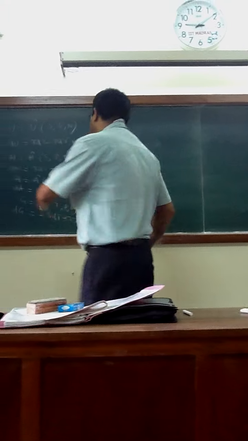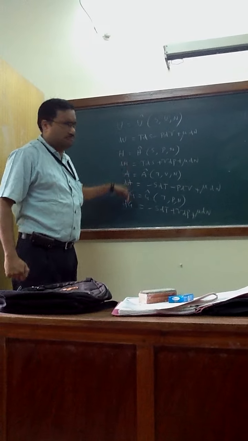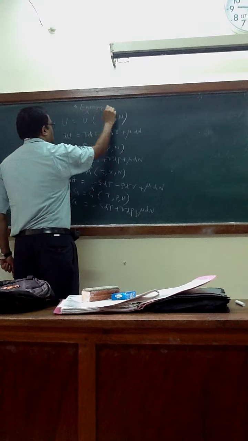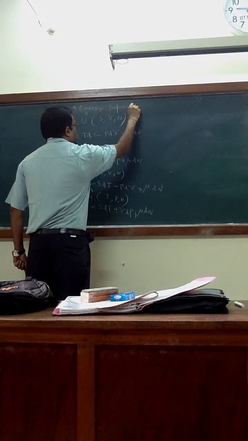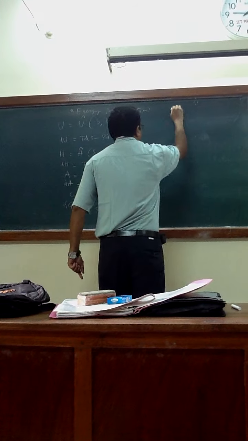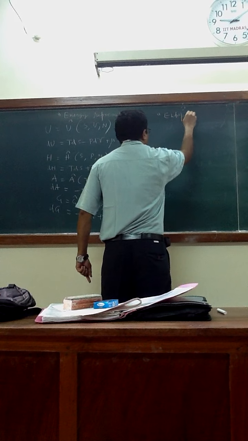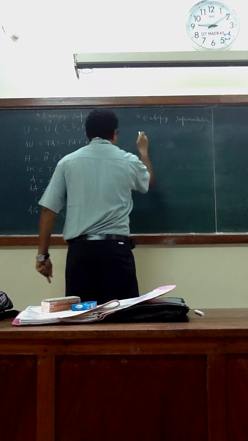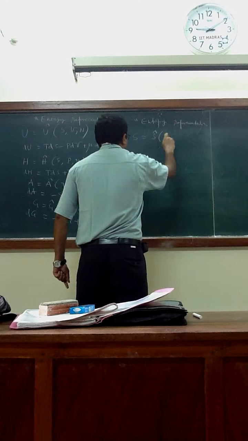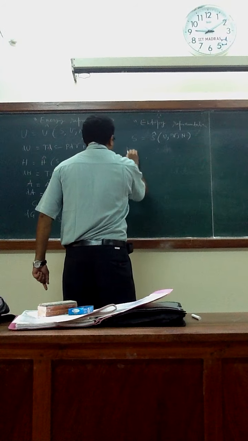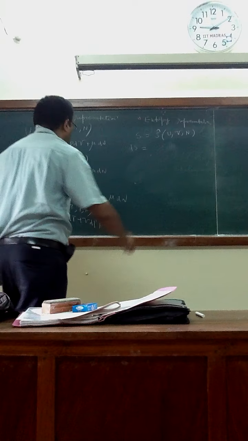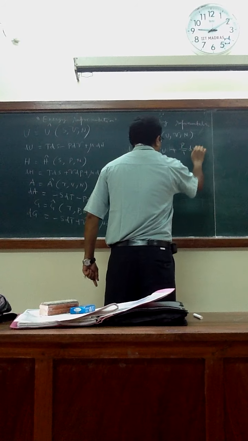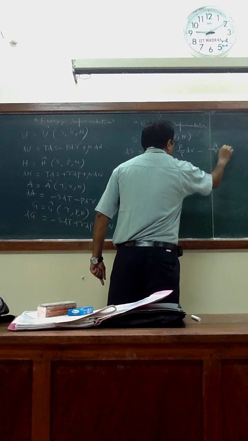This is like your Maxwell's relationships based on the energy representation. We can also have the entropy representation. What can we write? S equals S of U, V, N. dS equals 1 by T dU plus P by T dV minus mu by T dN.